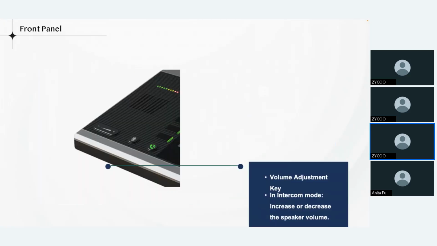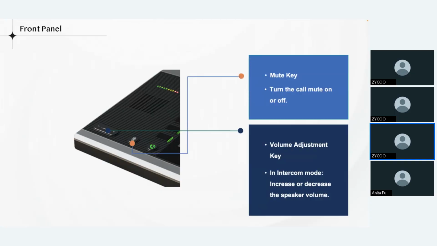Okay, and in the next page, it shows the mute key and the volume keys on the M100. The mute key is located on the front panel as well. You can just press it, and the M100 will mute or unmute your microphone during a call or a paging session. And the volume adjustment key is also available.